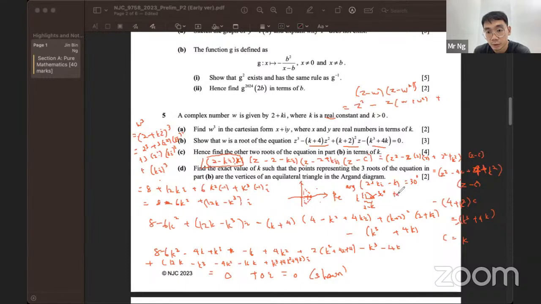So tangent 30 equals to opposite over adjacent.